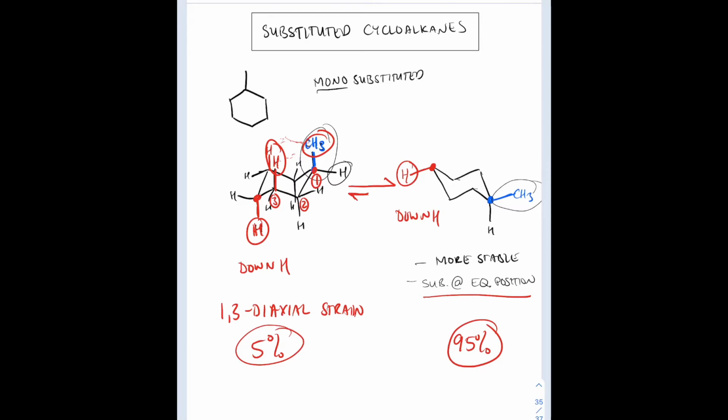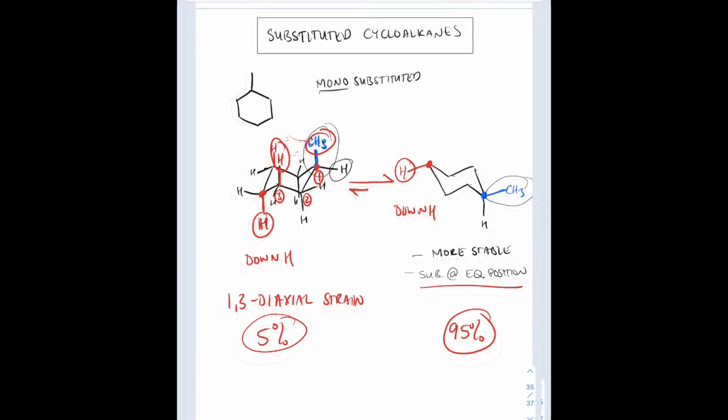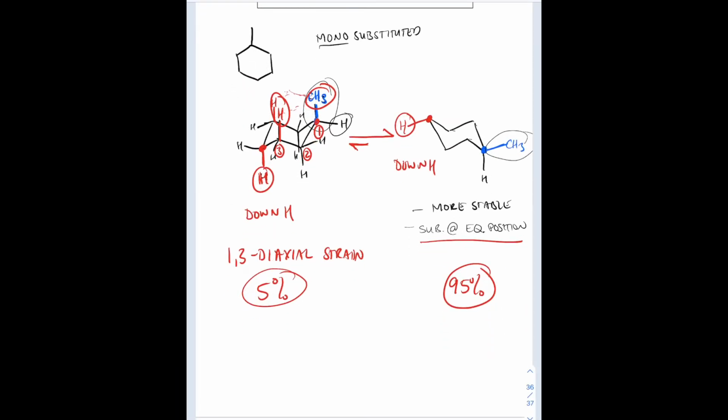The destabilization associated with that is about 3.8 kilojoules per mole for each of those H-CH3 interactions.